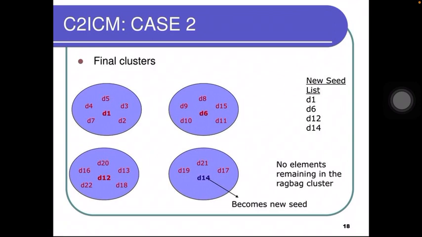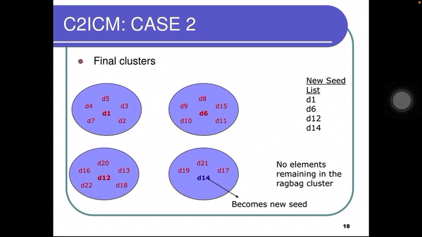The final clusters are D1, D2, D3, D4, D5. D6 changes to the second cluster and D7 remains in the first cluster. Since the second cluster contains D6, D7, the D8, D9, D10, D11 and D14, 15, 16 come to the cluster.